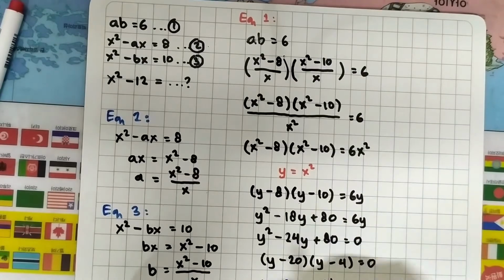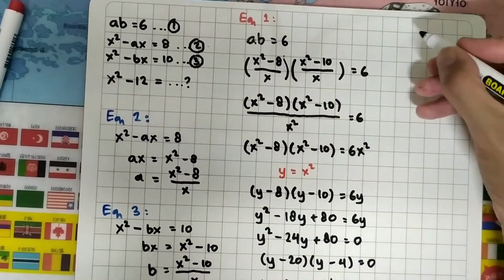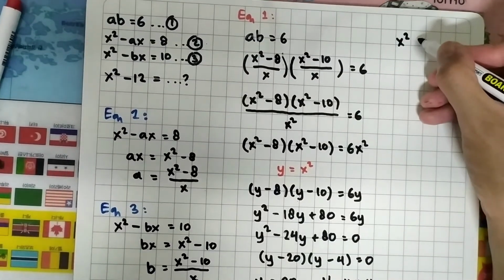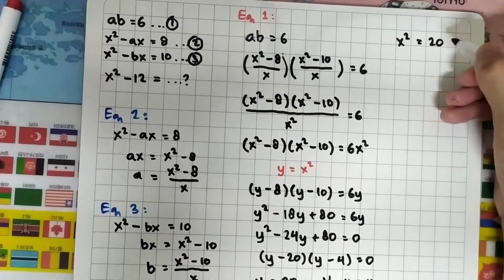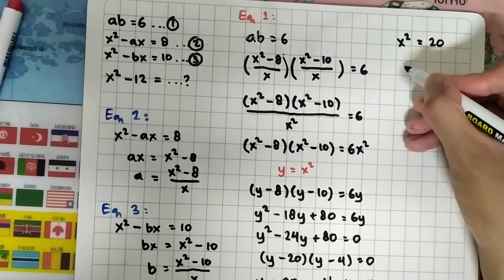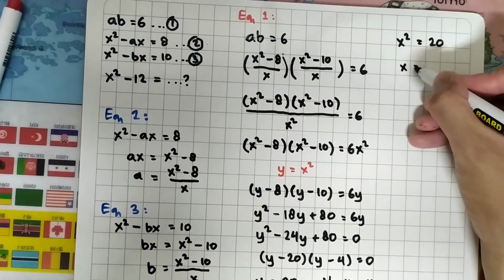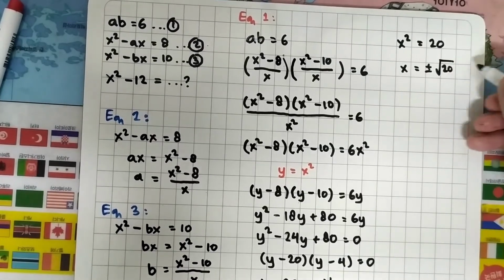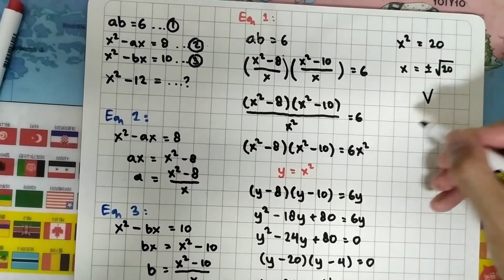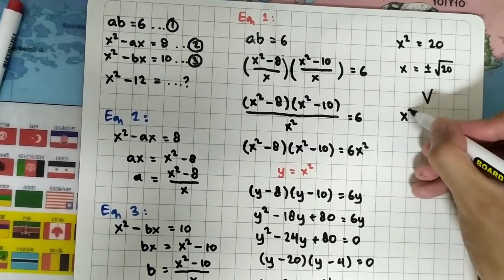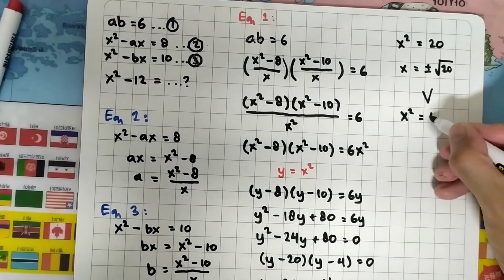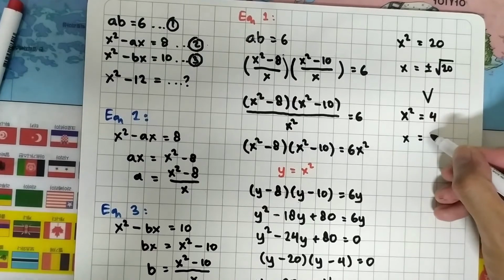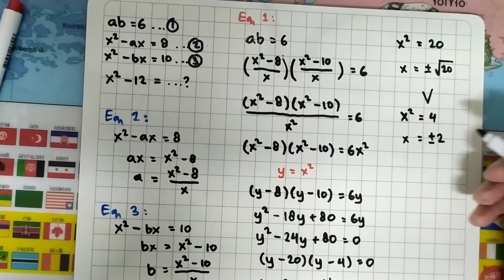Now remember that y is x squared. So x squared is equal to 20, so we have x is plus or minus square root of 20, or we have x squared is equal to 4, and we have x is plus or minus 2.